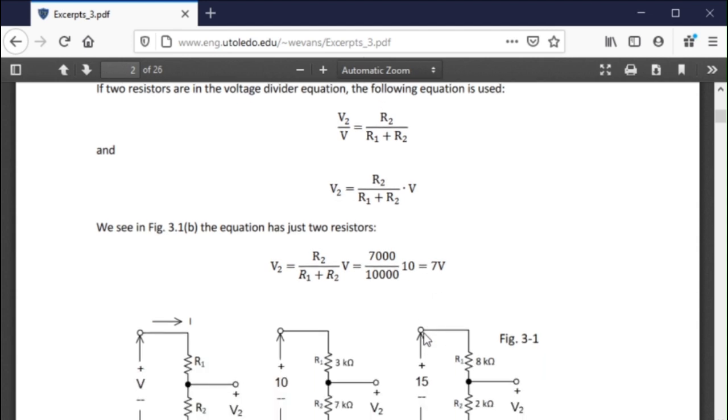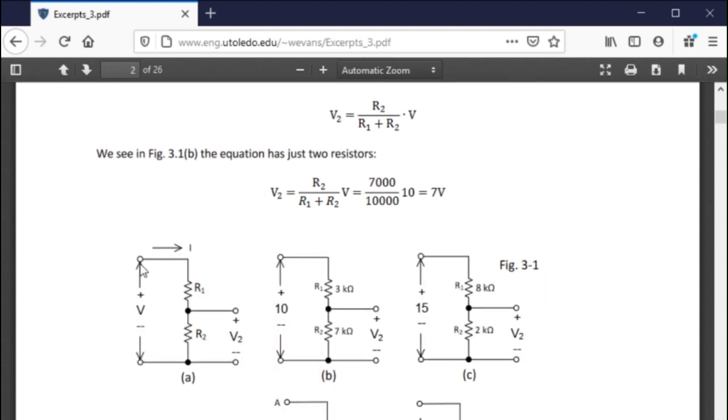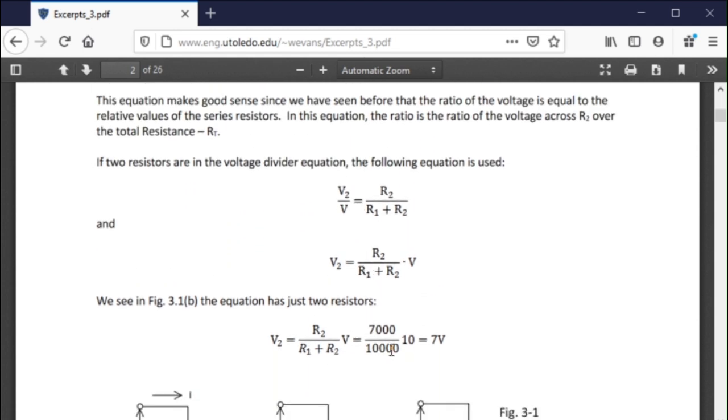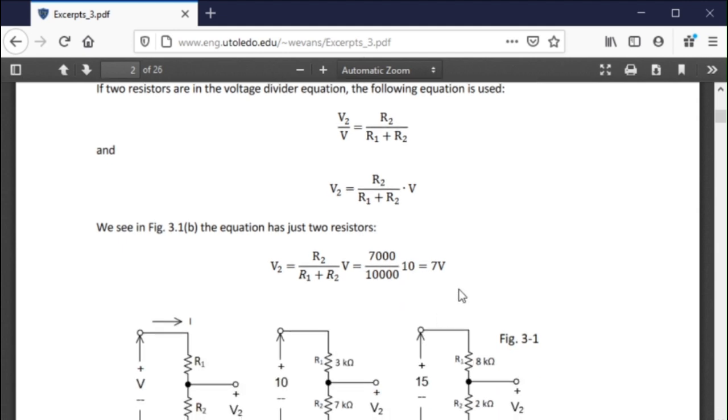So when we practice with this, we say, okay, now if I have a voltage in, and I have an R2, and then I have an R1 that's not in the output, and let's just give it some numbers. If R2 is 7,000, and R1 plus R2 is 10,000, and I have an input voltage of 10 volts, my output voltage is 7 volts.